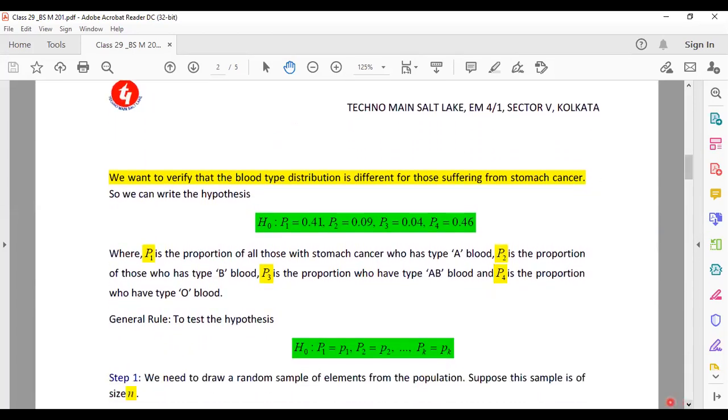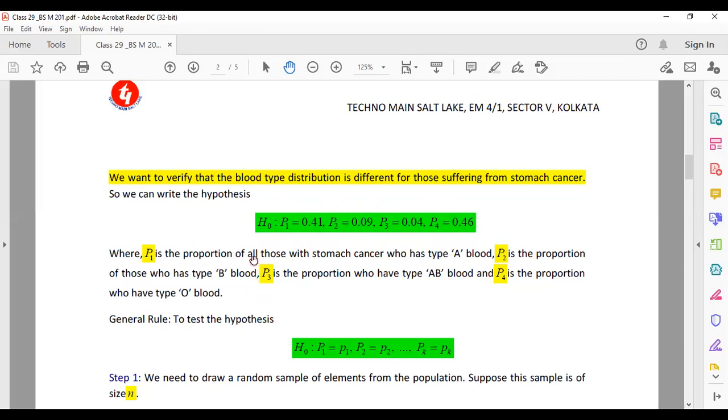Now, what do we want to know? We want to verify that the blood type distribution is different for those suffering from stomach cancer. But in the null hypothesis, what have we assumed? We have assumed that population probability 0.41 is true, population probability 0.09 is true, population probability 0.04 is true, population probability 0.46 is true.